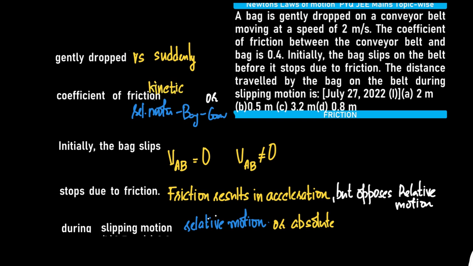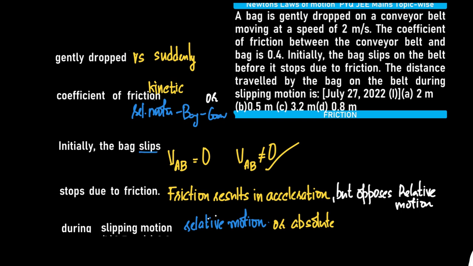Now, initially the bag slips. What does it mean when we say the bag slips? If the bag slips, it means that the relative velocity of A with respect to B is not equal to 0.